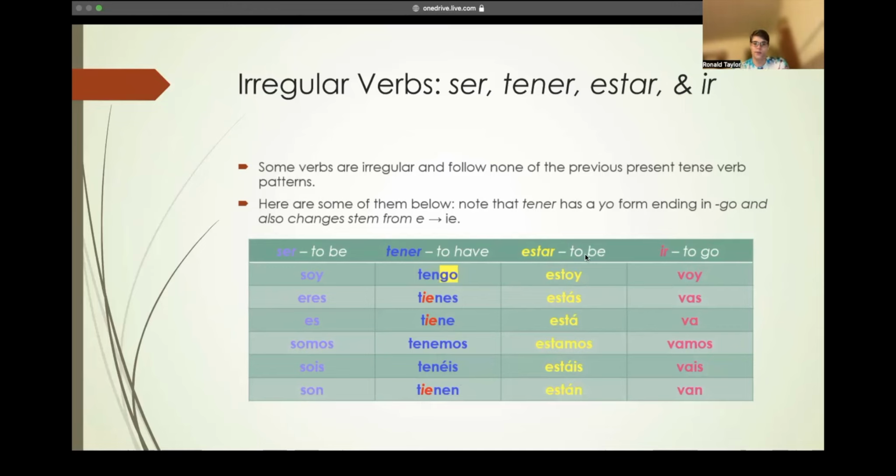Estar also means to be. It differs from ser a little bit, but we'll get into that in the next video. All you need to know now is these conjugations. Estoy, tú estás, él está, ella está, nosotros estamos, vosotros estáis, and ustedes, ellos están.